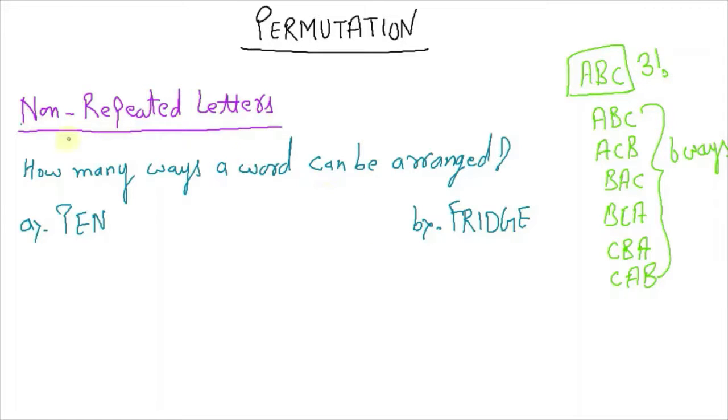Now, in case of non-repeated letters, the number of ways is equal to the number of letters, and then factorial. So now let's come to the first example, that is pen. There are 3 letters.